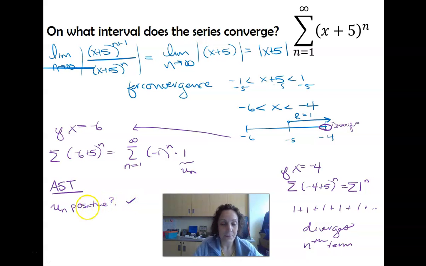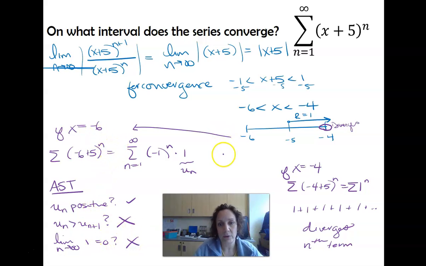Yeah. It's 1. Is u sub n always bigger than u sub n plus 1? Are the terms getting smaller? Again, doesn't work. And then my last criterion would be if the limit is approaching 0, and that's also a no. So at this endpoint as well, it's going to diverge. So I have to leave this open.